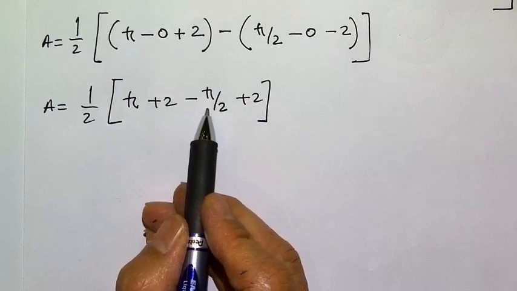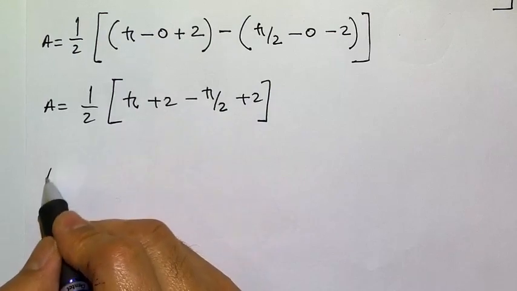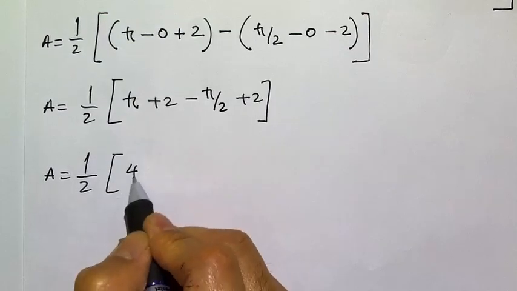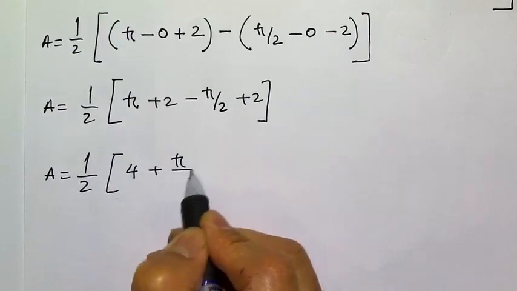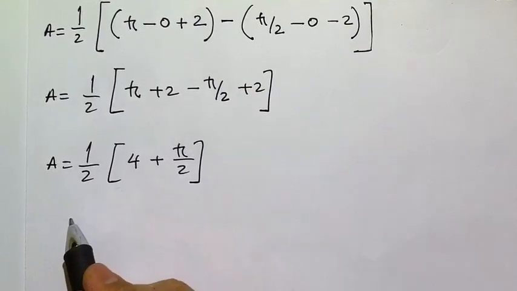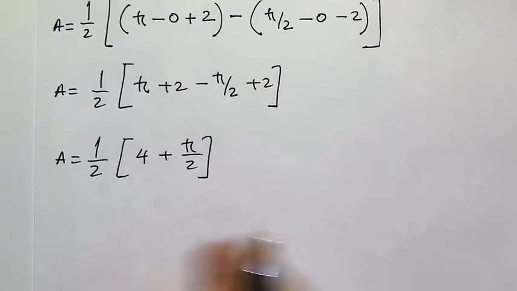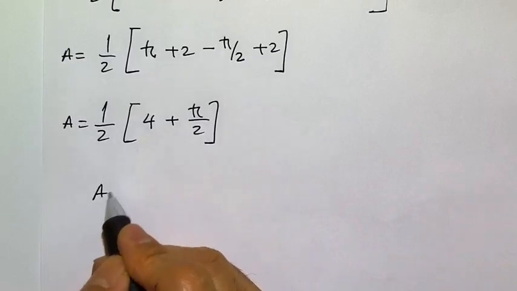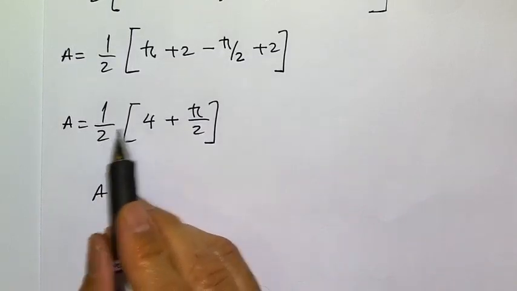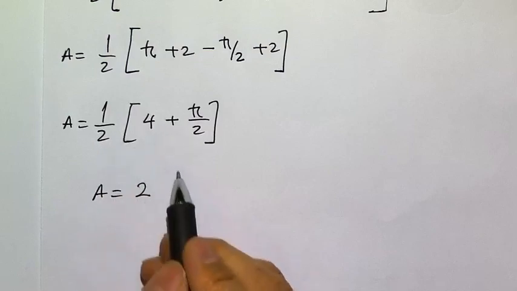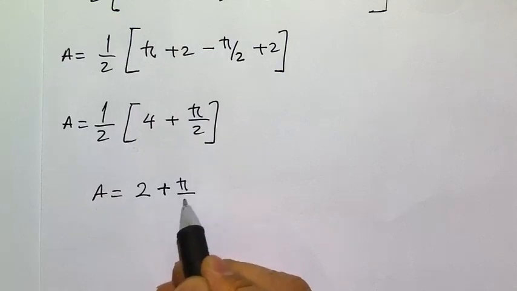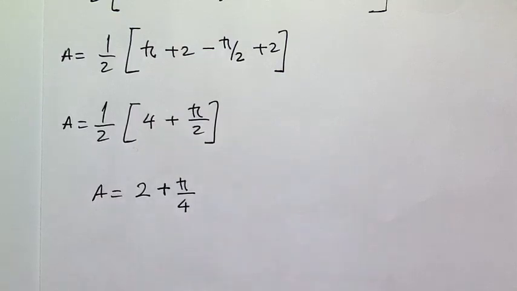Pi minus pi over 2 is just pi over 2. So we have 1/2 times 4 plus pi over 2. And so multiplying that through, we get A equals 2 plus pi over 4, like that.